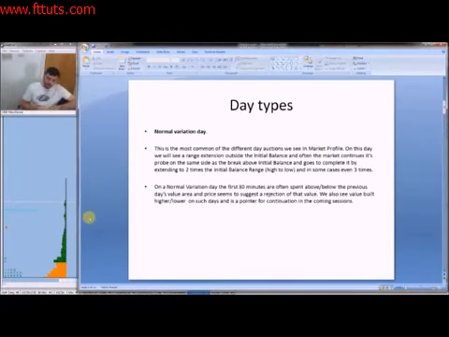A normal variation day, or a variation of a normal day. This is the most common of the different day auctions that you see in a market profile. On this day, we will see a range extension outside of the initial balance, and often the market continues its probe on the same side as the break and goes to complete it by extending it to 2 times the initial balance range, in some cases 3.